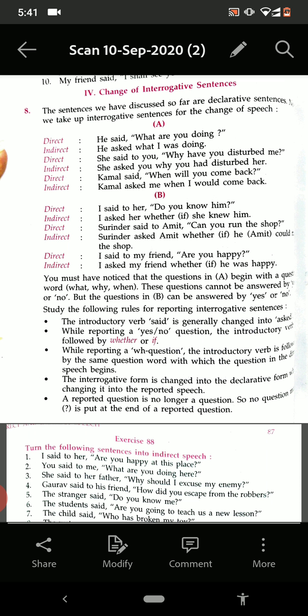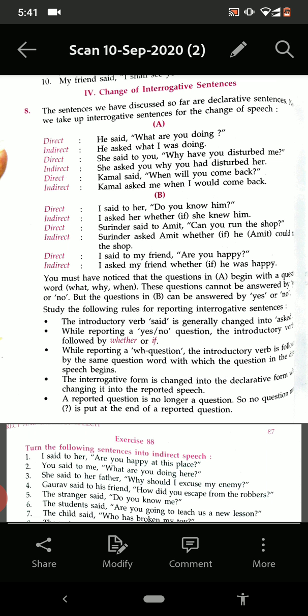Now try to understand. You have noticed that the question A began with a question word of the WH family: what, why, when, where, and they cannot be answered in yes or no. You know there are two types of questions. One that is answered as yes or no, and another that cannot be answered as yes or no. Just as when I ask the question, "Do you know him?"